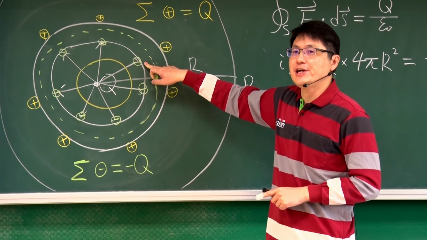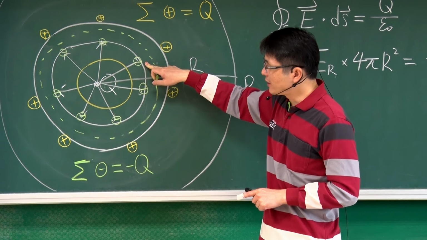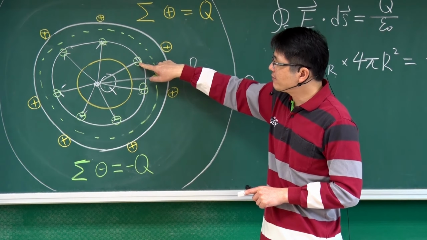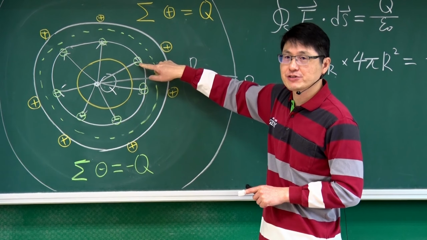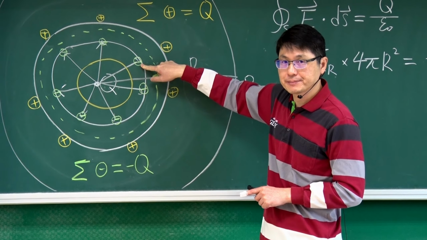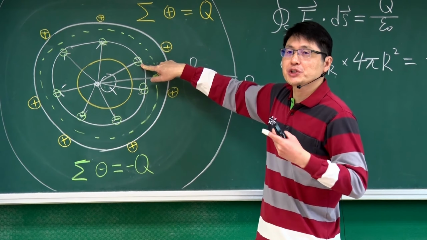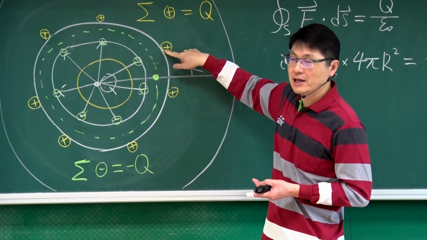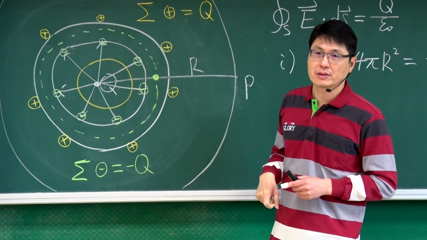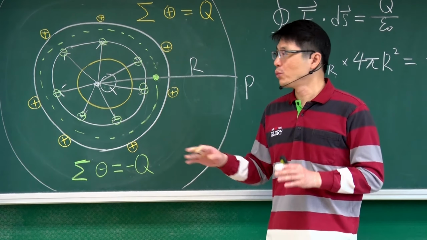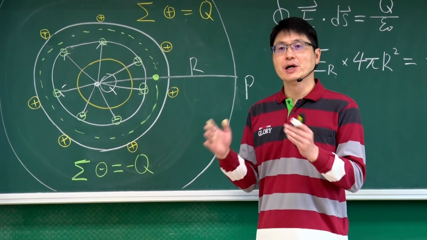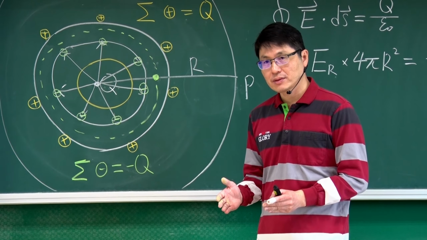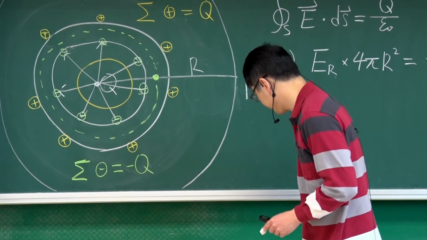At the inner surface of the shell, I have induced negative charges, right? And due to charge neutrality, the outer part has positive charges. So to answer why within the metal you have no net field, it's very simple.